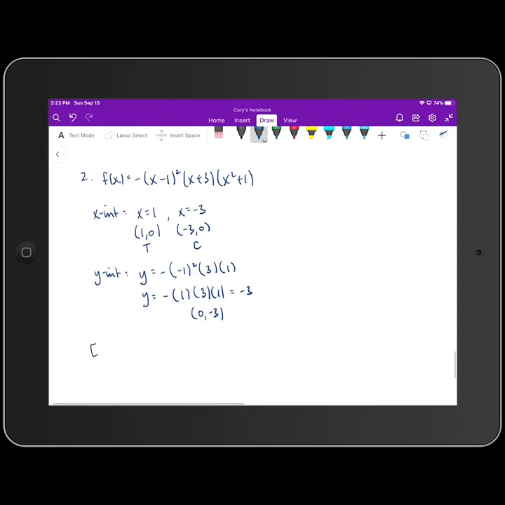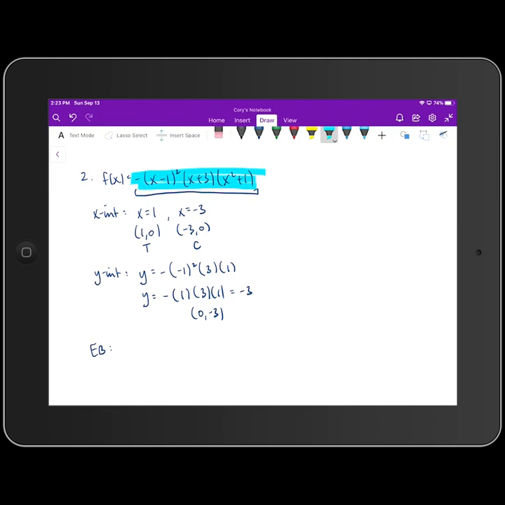All right, the end behavior, we're going to have to think a little bit about. Again, the end behavior is going to be dictated by the term of highest degree. So we want to think to ourselves, if I were to multiply out the entire polynomial, what would the highest degree term be?